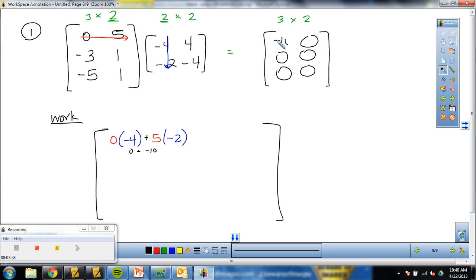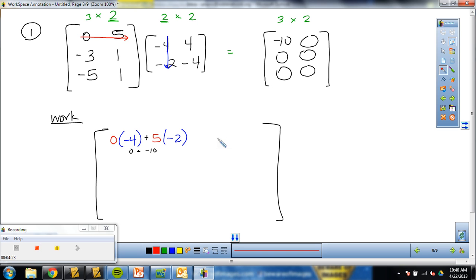So here again, we're in row 1 of the answer, column 1 of the answer. Now we'll do the same thing with row 1, but this time we're going to be using the numbers from column 2, and therefore our answer will go over in row 1, but column 2 instead.